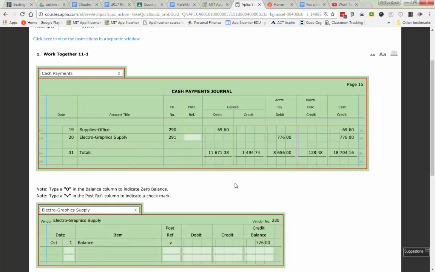Now, when I look here at this cash payments journal, electrographic supply, I have 2 columns being affected. I have accounts payable, debit, and I have cash. Right now, both numbers are the same. But which number should I post? Which column? Accounts payable or cash?